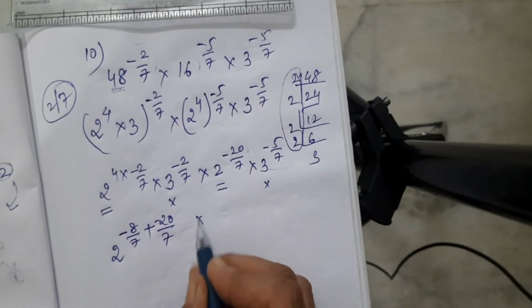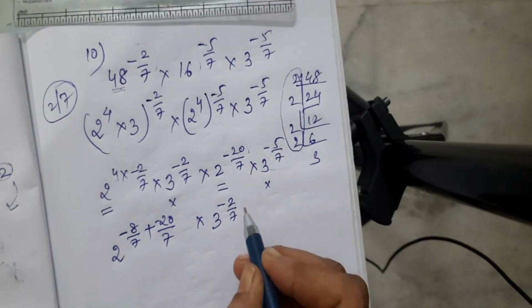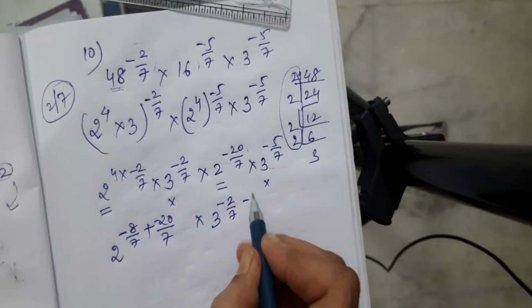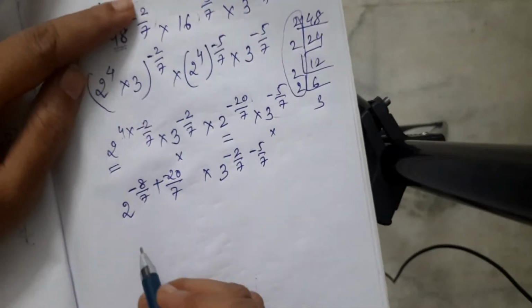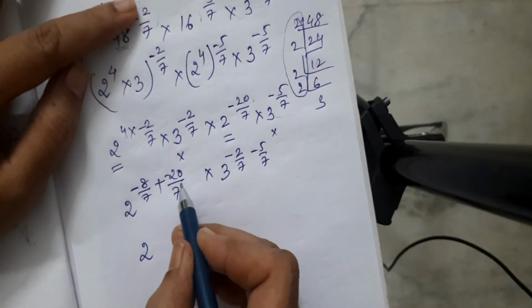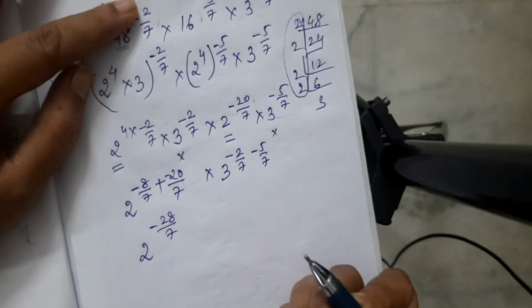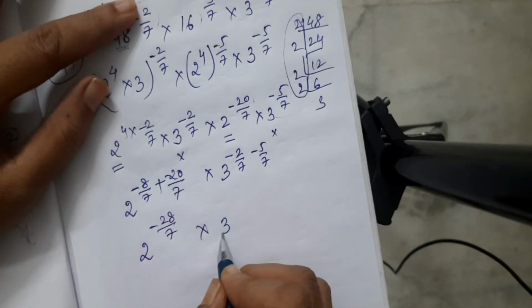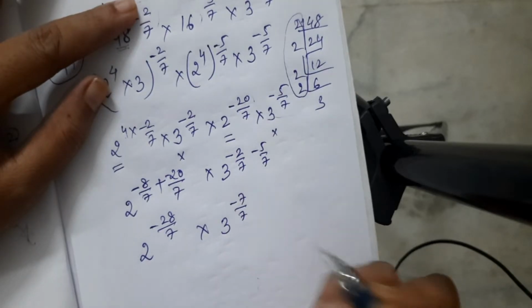In the same way, 3 is there. For 3 it is minus 2 by 7, then again minus 5 by 7. Now finally it is 2 raised to minus 8 minus 20, minus 28 by 7. Then again for 3, minus 2 minus 5 is minus 7 upon 7.